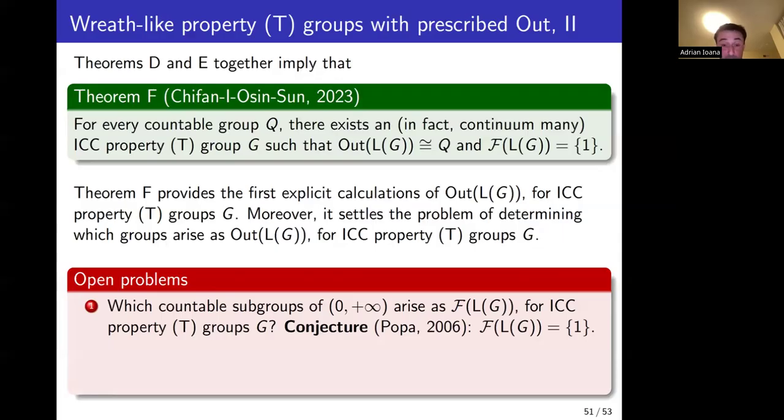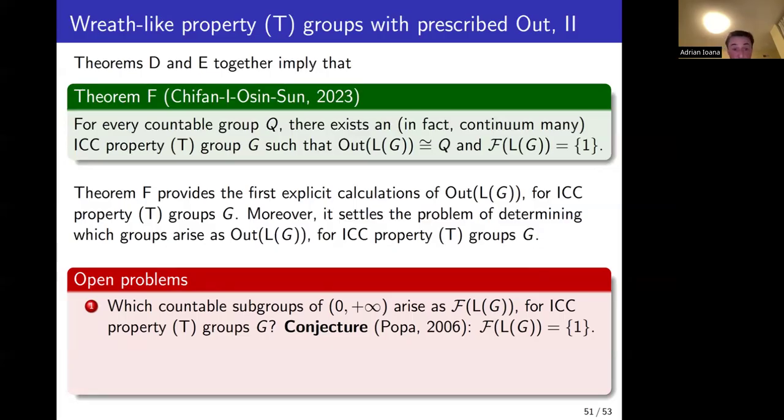Here, as I mentioned earlier, Popa conjectured in 2006, as part of his strengthening of Connes' rigidity conjecture, that this fundamental group should always be trivial. And I should say that now there are a few calculations of fundamental groups for property T groups G, and they're all trivial. And so it is wide open whether, in general, the fundamental group of L(G) has to be trivial.